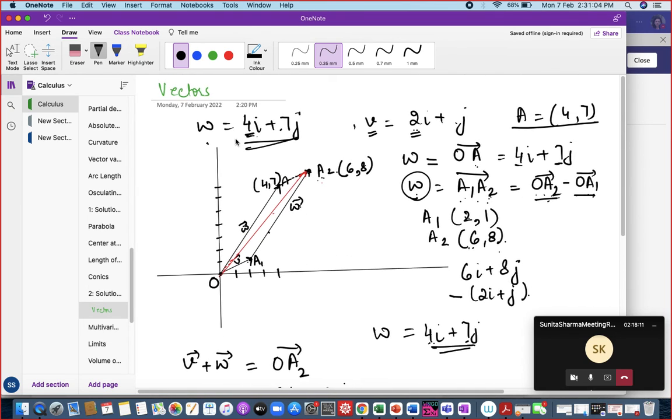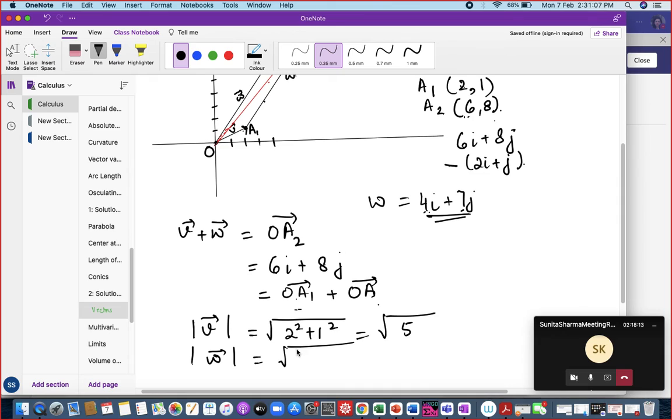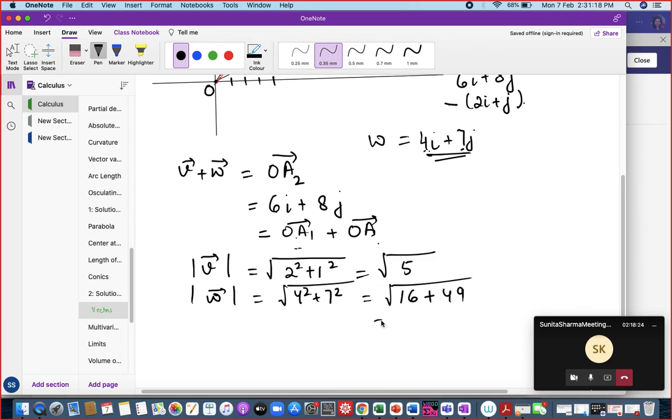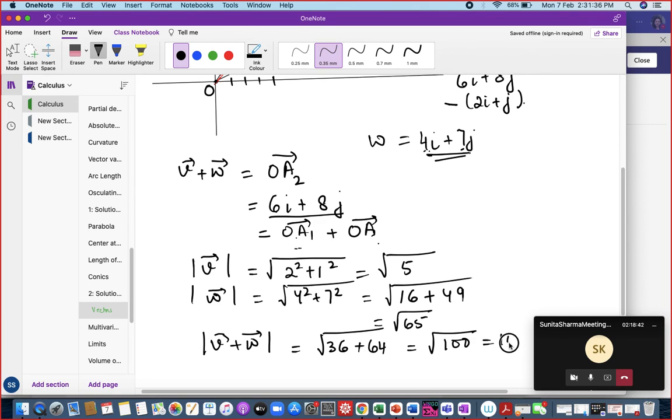For the vector 4i plus 7j, the magnitude is root of 4 square plus 7 square, that is 16 plus 49, so root 65. And the magnitude of V plus W, which is 6i plus 8j, is root of 36 plus 64, that comes out to be root of 100, which is 10.